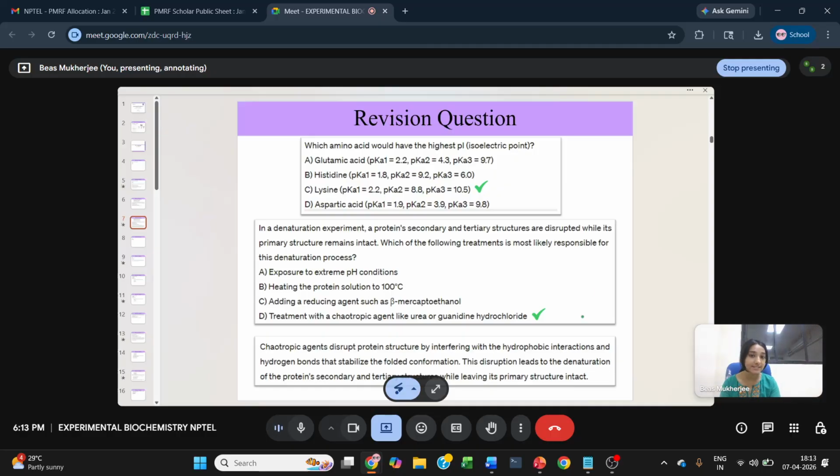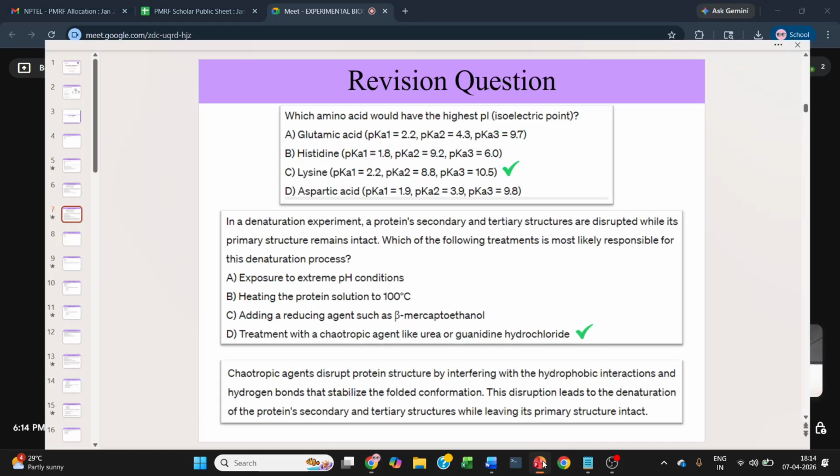Now, besides this, we also can say that heating to 100 degrees centigrade can also disrupt the protein's secondary and tertiary structures. Okay, adding reducing agents such as beta-mercaptoethanol is also important for breaking the disulfide linkages, and extreme pH conditions can also disrupt the protein structure. Okay, so now we will move on to the next question.